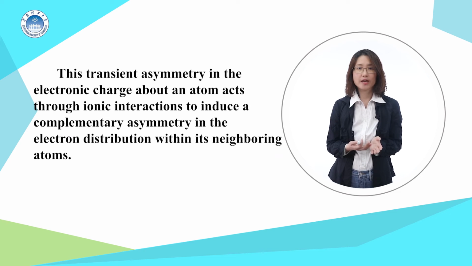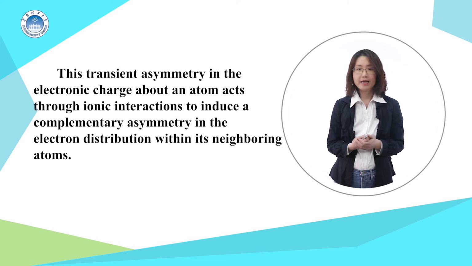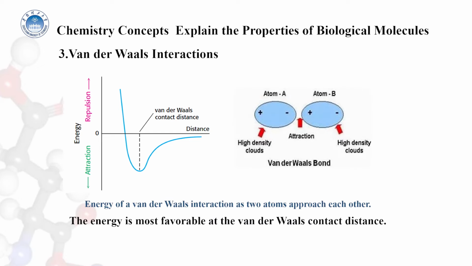This transient asymmetry in the electric charge about an atom acts through electrostatic interactions to induce complementary asymmetries in the electron distribution within its neighboring atoms. The atom and its neighbors then attract one another. This attraction increases as two atoms come closer to each other until they are separated by the van der Waals contact distance.